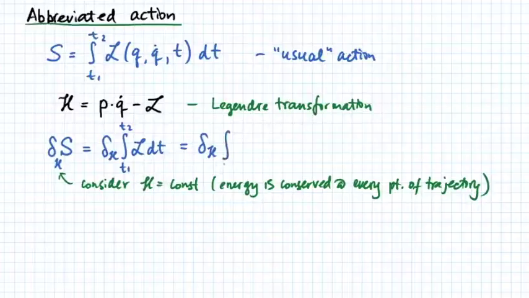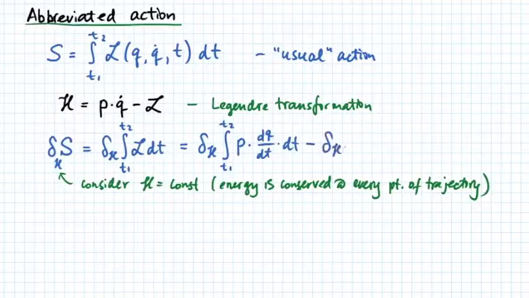One where we still have the integral, but now it will be the integral of p dq/dt times dt, minus the variation, with the Hamiltonian being constant, of the Hamiltonian dt. Since the Hamiltonian is constant, the variation of it will be zero.